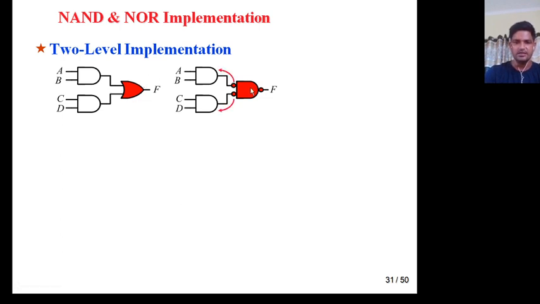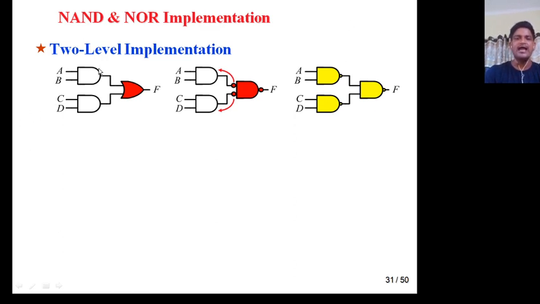Next, you can replace this bubble into this, because you have to implement only by using NAND gates. So this is your final circuit.